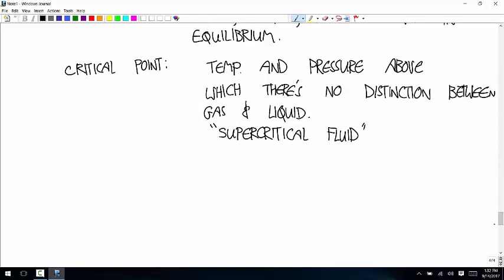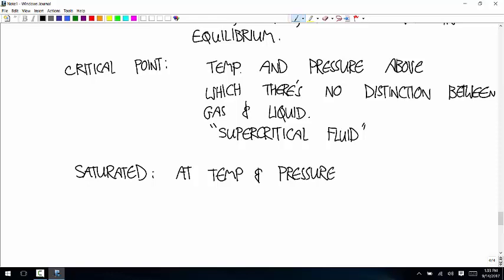And then saturated means at the temperature and pressure of phase change. So at atmospheric pressure, liquid water at 32 degrees Fahrenheit is a saturated liquid.